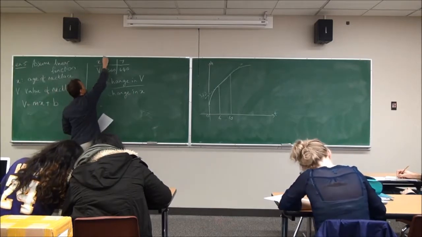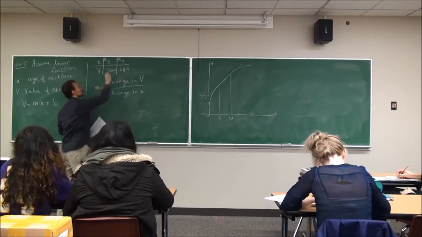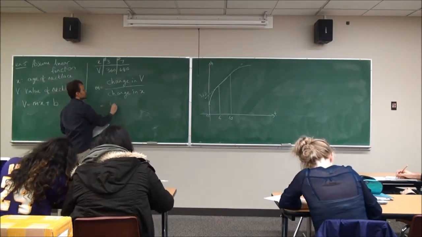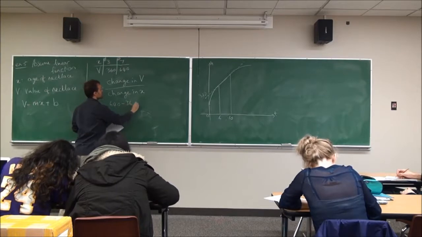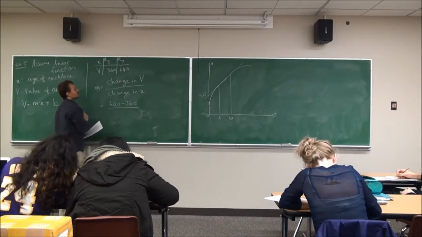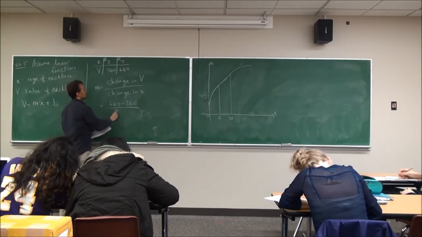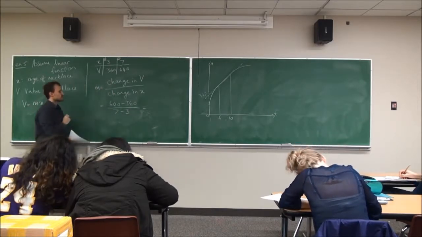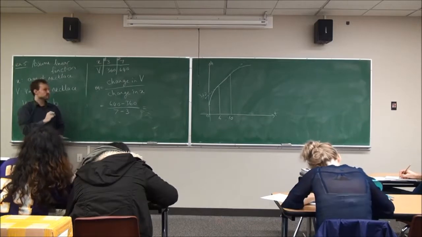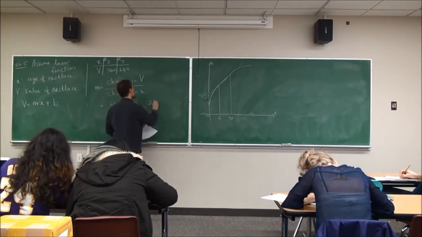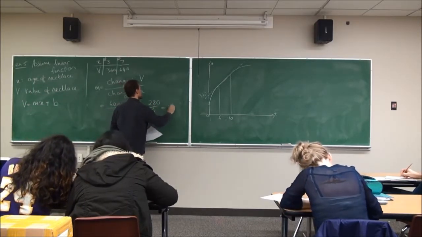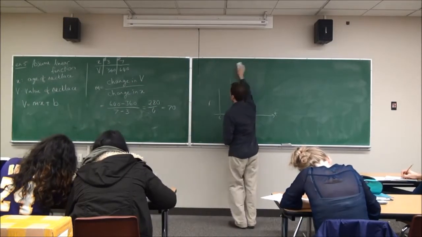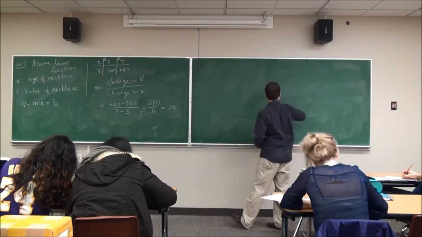Pick a first point and a second point. Then the change in V is 640 minus 360 over the change in x, 7 minus 3. What do I get? 640 minus 360 is 280, over 4, which is 70. That's a nice number. So the value of m is 70.